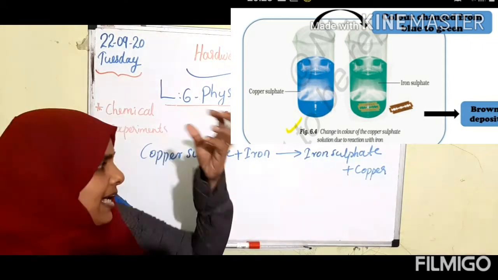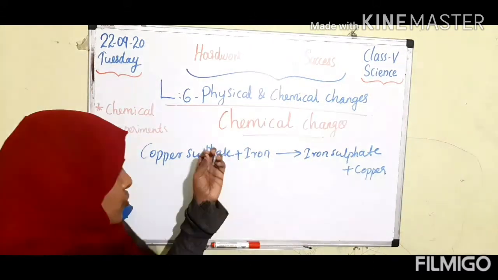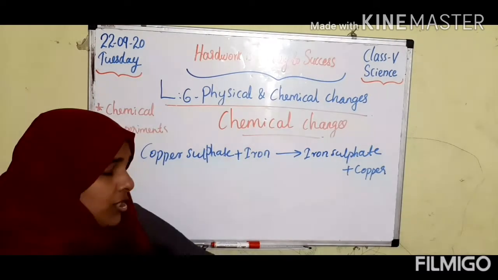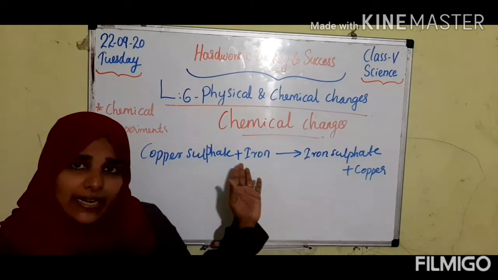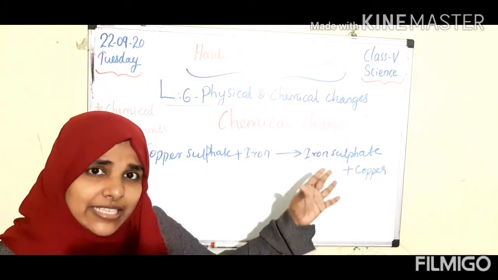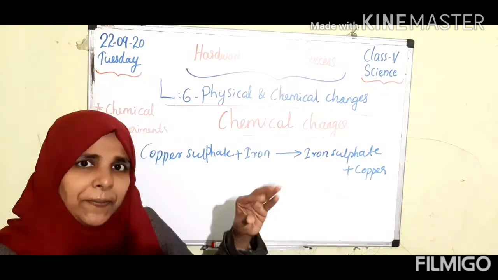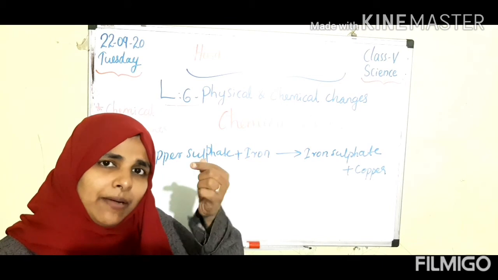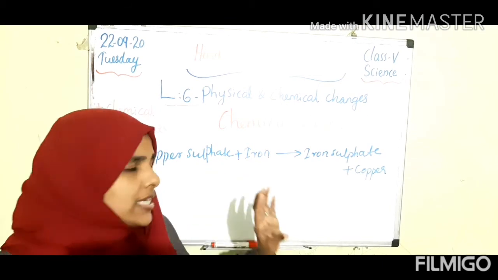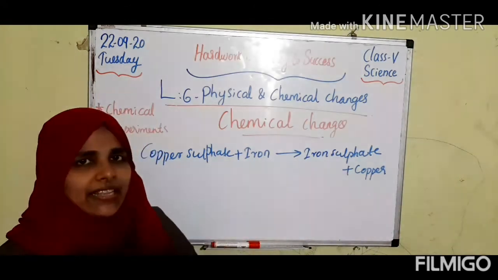When we dip that nail or that blade into the copper sulfate solution, what will happen? The color changes to green. That iron sulfate is green in color, and copper also forms. Copper means the blade becomes brownish in color. Understood? So this is one chemical reaction. Color also changed in this reaction.